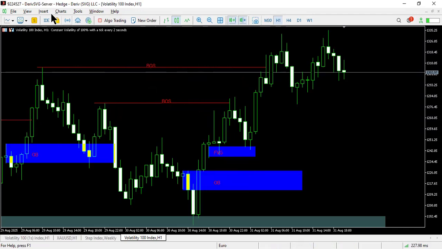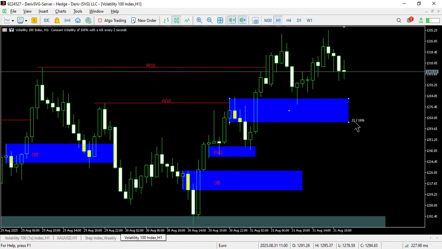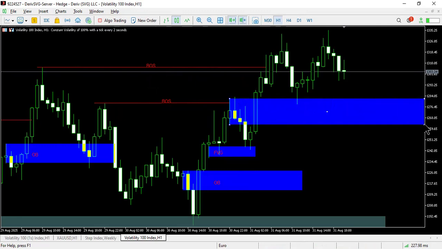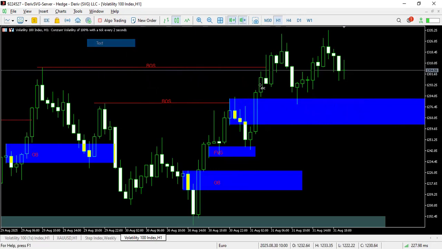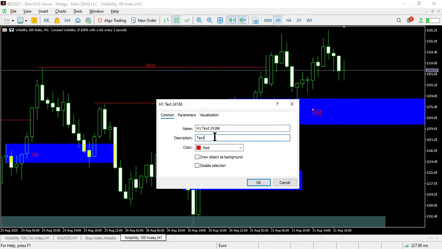That is a break of structure. And then our order block. That is our order block where price has dipped in.